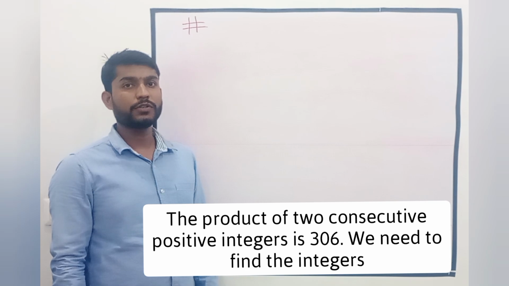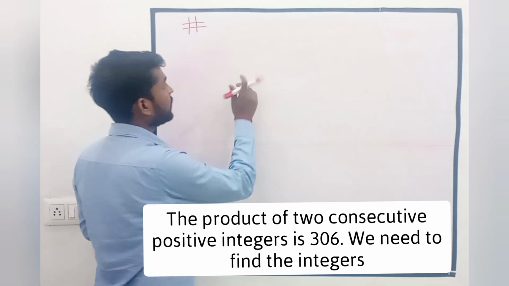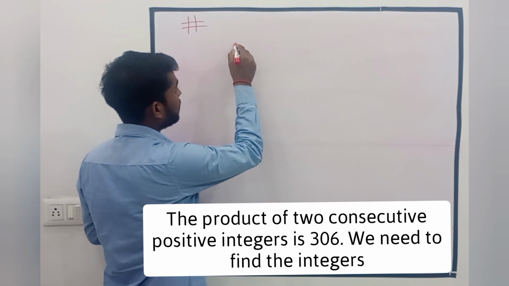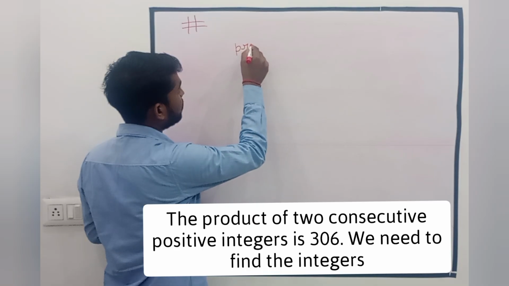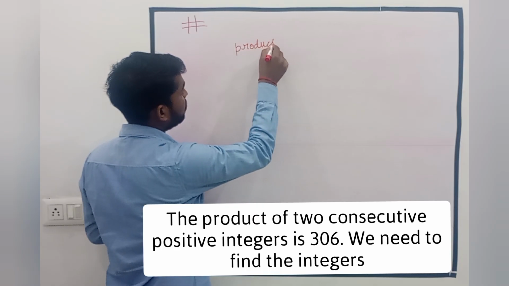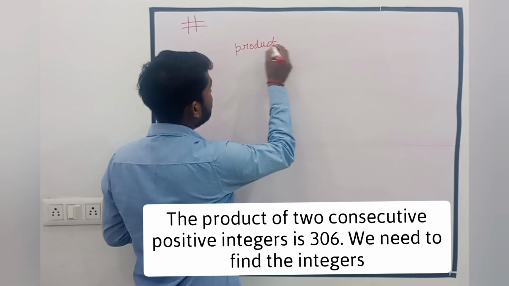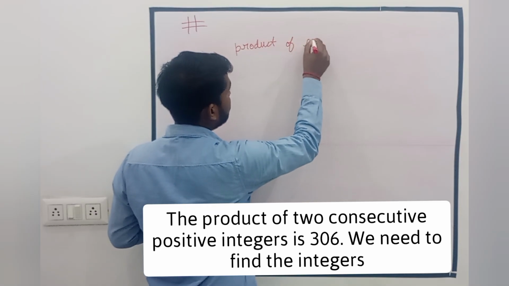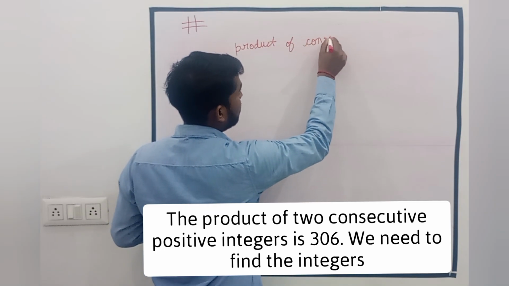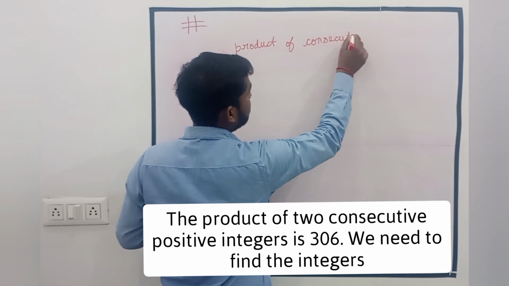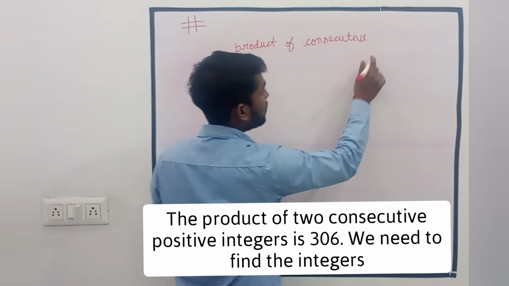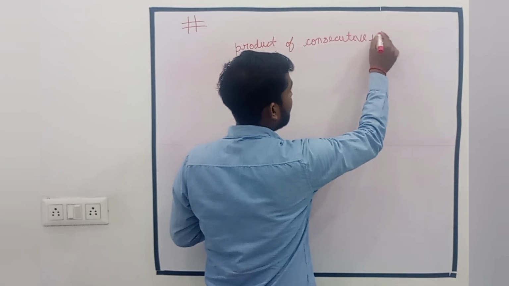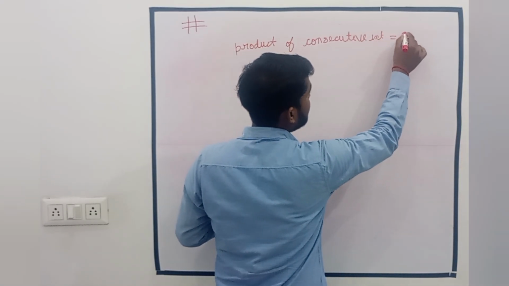And the product of two consecutive integers, the consecutive integer product, is 306.